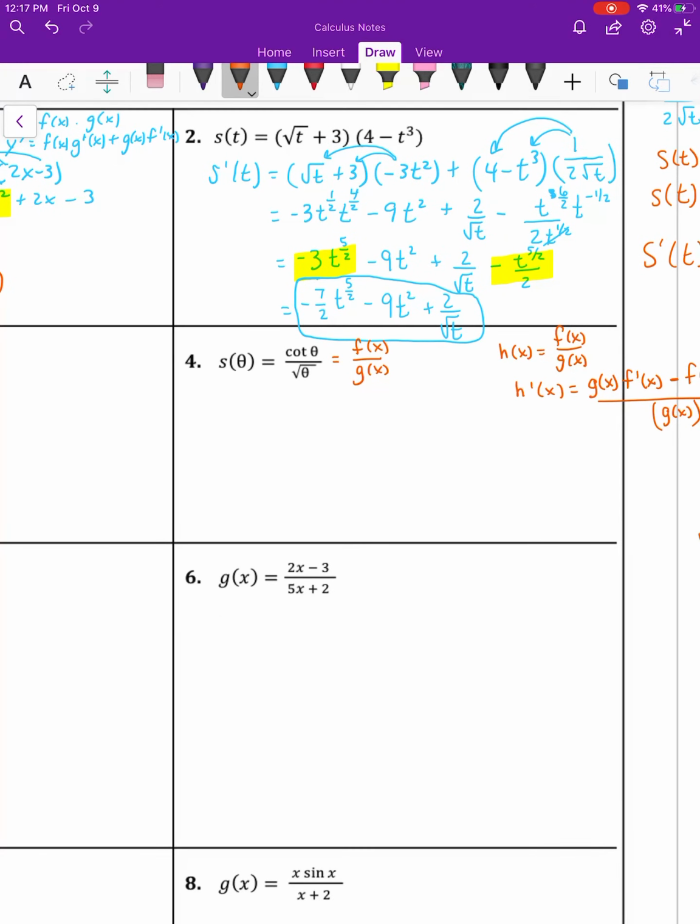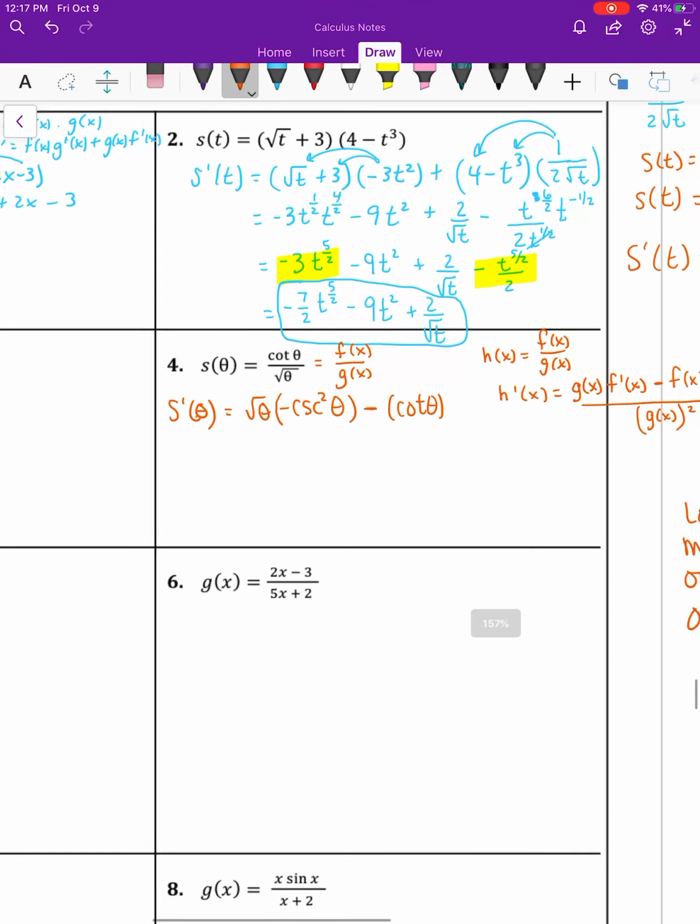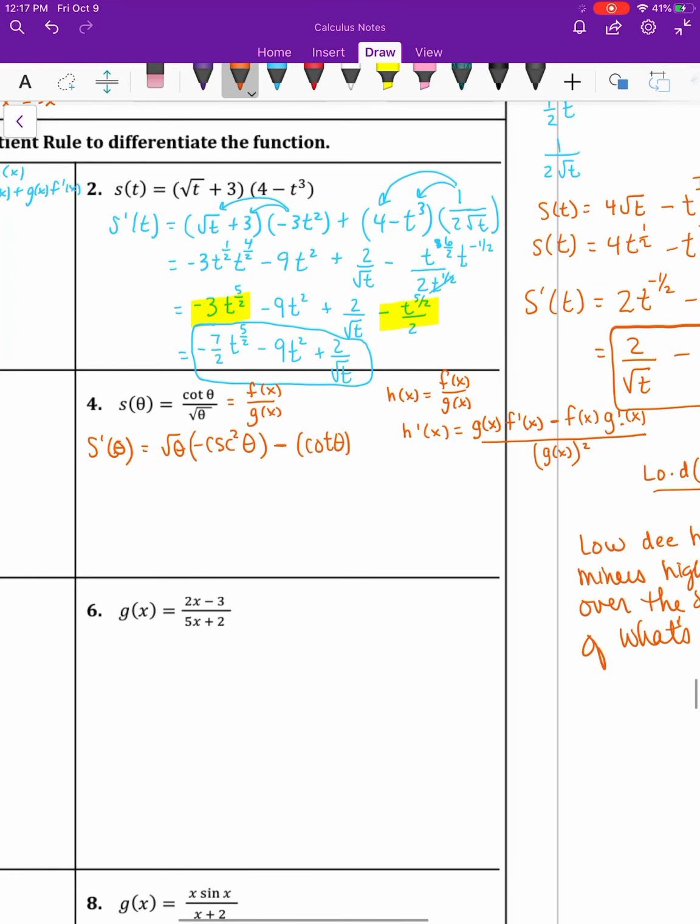So let's try it for number 4. My s prime of theta. Low d high, so the derivative of cotangent is negative cosecant squared theta, minus high d low. There's my high function times the derivative of my low function. Now you're just taking the derivative of it. Notice it's just g prime here in the definition.